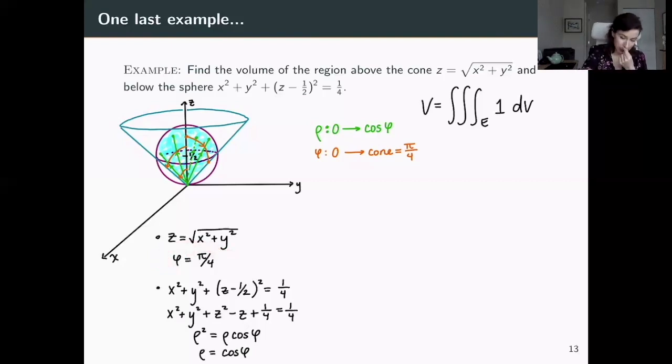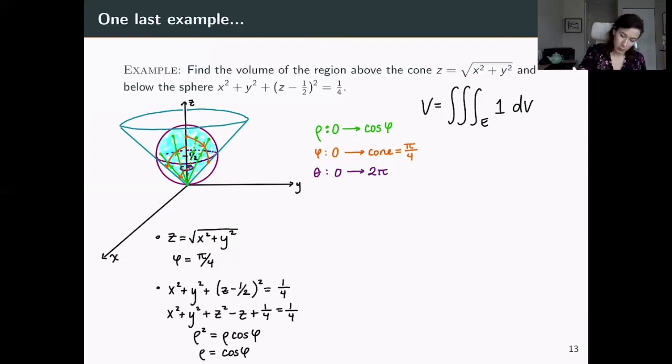And lastly, we need to think about how our theta is going to be ranging. Theta is where we are, away from our x-axis. And once again, here we can see that we are going all the way around from 0 to 2 pi. This gives us a setup for our limits of integration.